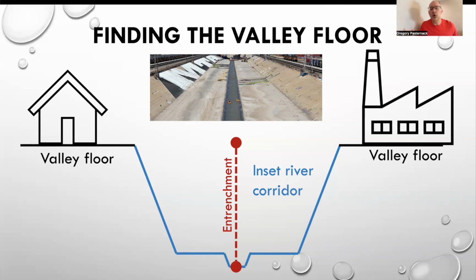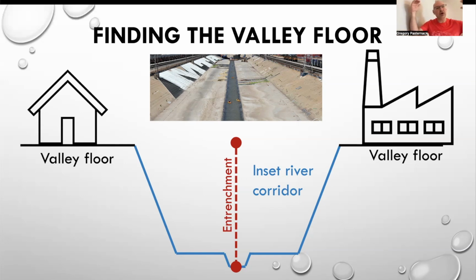The valley floor is where people live for the most part, so you're going to have houses and factories, and that's where your Home Depot or IKEA or whatever is going to be. So if you're in an unconfined valley and you're down in some deeply entrenched river, you can't just look at the inset floodplain and inset terraces, man-made or otherwise.